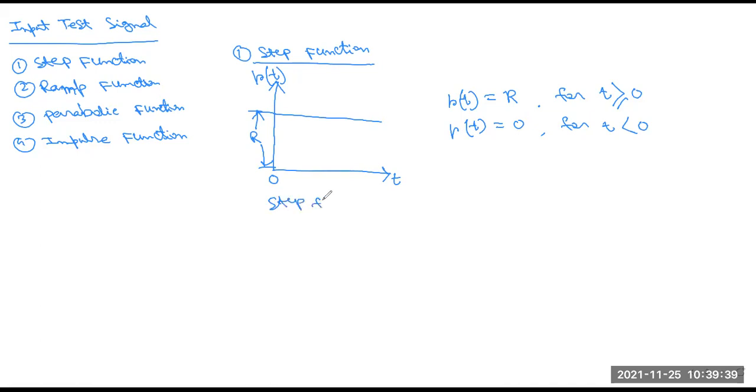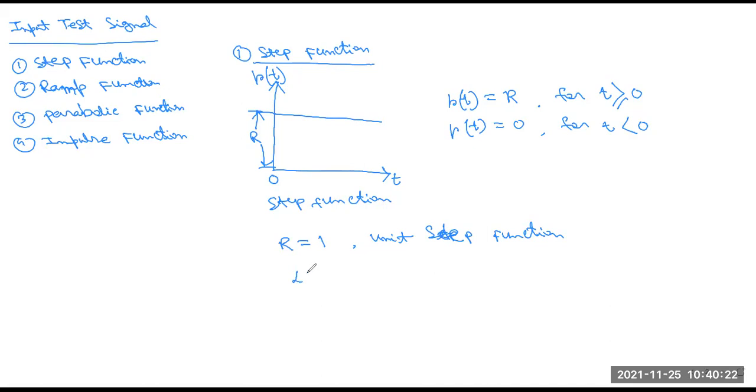This is the step function representation. In the step function, when R is 1, that means it is called the unit step function, as all of you know. When feedback is 1, we call it a unit feedback system, or this is a unit step function. So for this unit step function, we take the Laplace transform.